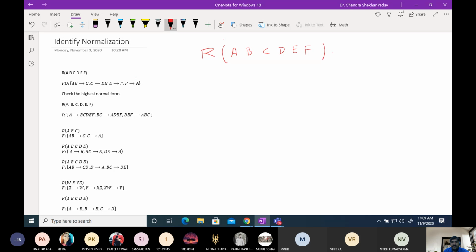This is the R. Here AB determines C. A and B jointly determine C. And then C determines D and E. Then E determines F. And F determines A. Then find out the candidate key.